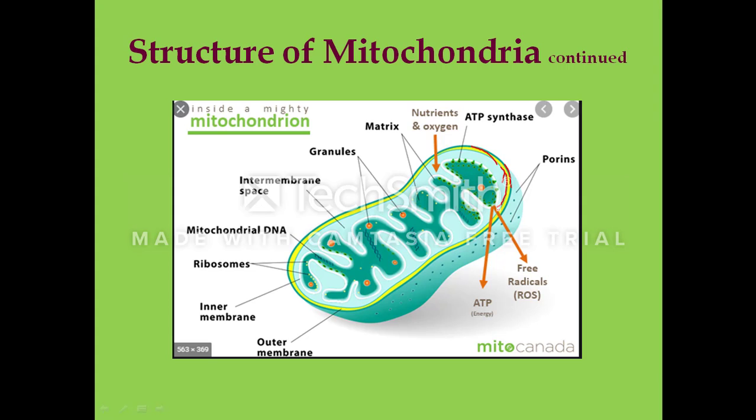Instead, it has many projections either in the form of plate-like structures or tubules, and these cristae will increase the surface area of the inner mitochondrial membrane, and inner surface of the inner mitochondrial membrane are having granular elementary particles called F0 F1 complexes or oxysomes which are involved in electron transportation, and the space between the inner and outer mitochondrial membrane is having the composition just as that of the cytoplasm.